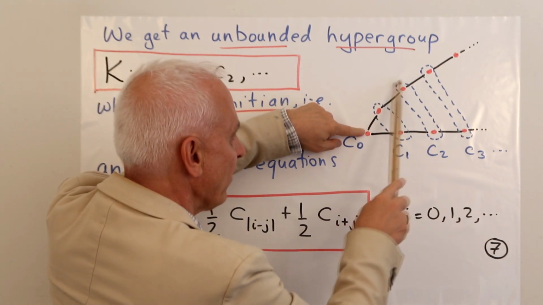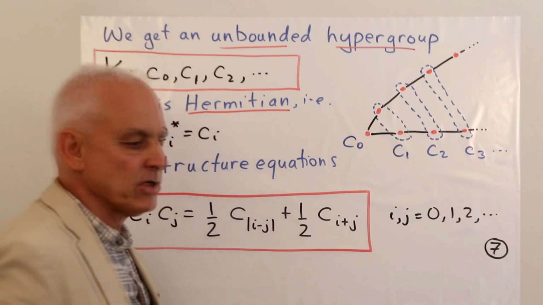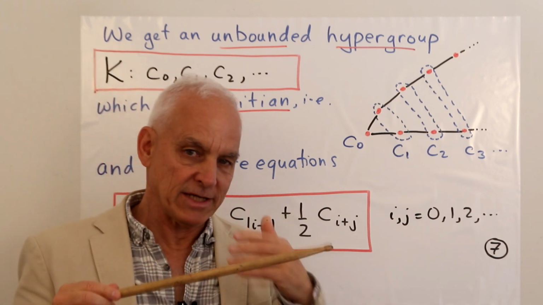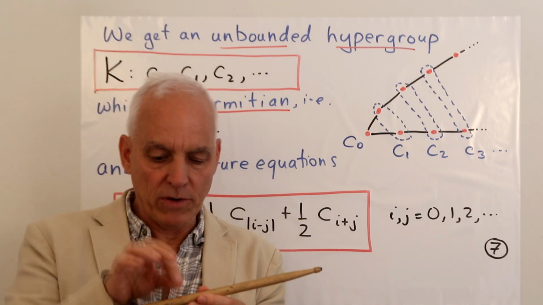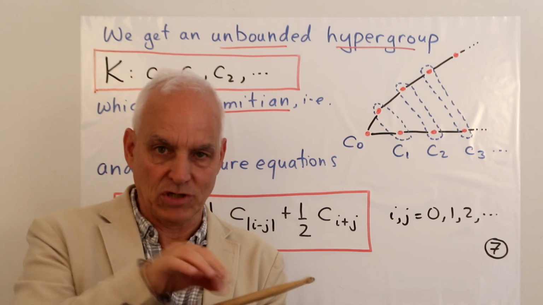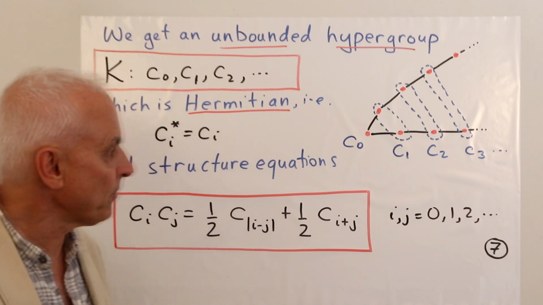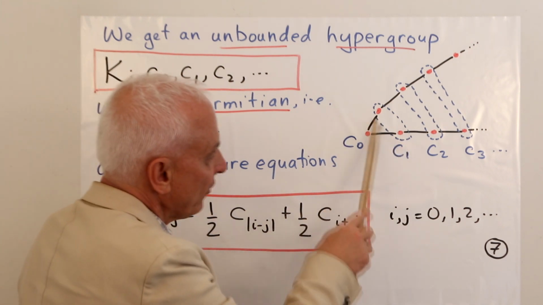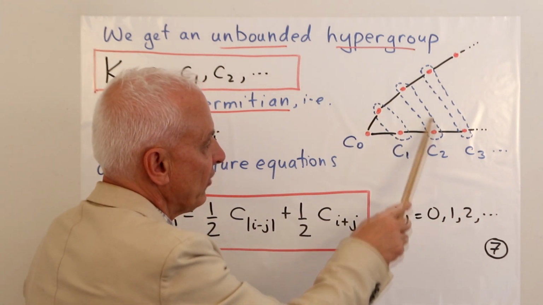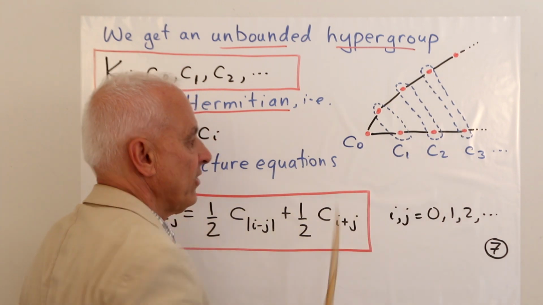Here's -1, -2, -3. I've just got them going up that direction. That doesn't make any difference as far as this algebra is concerned, because all that really matters is the connectivity, which vertices are connected to which others, in terms of the neighbors. And when we do this, C1 is clearly identified to be those 2 points. C2 is this set of points. C3 is this set of points.